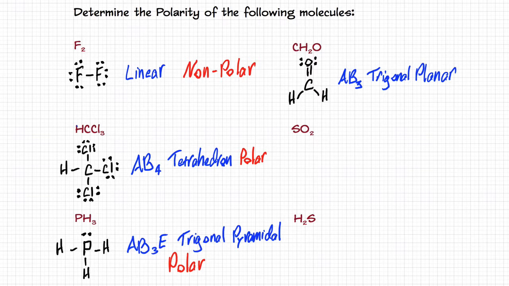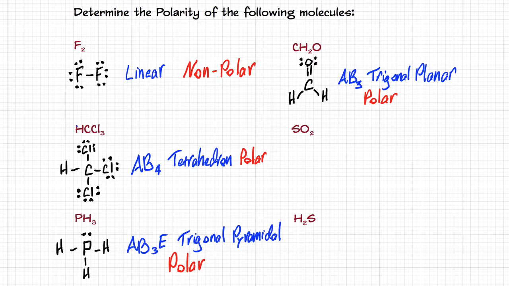Trigonal planars follow the symmetry rule, so everything around the carbon would have to be the same in order for it to be nonpolar, and well, we've got two hydrogens and one oxygen. So that means that it's asymmetrical, and if it's asymmetrical, it is definitely polar.